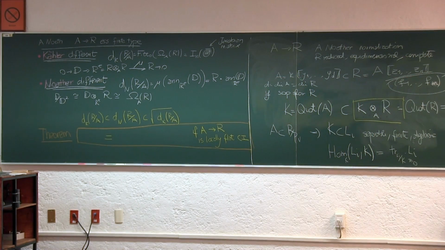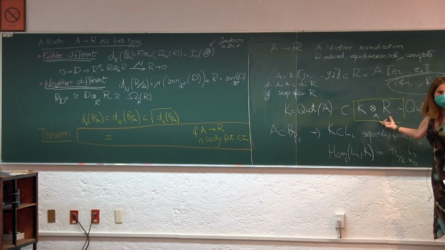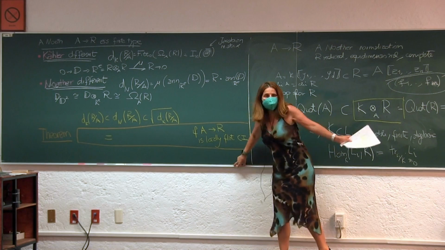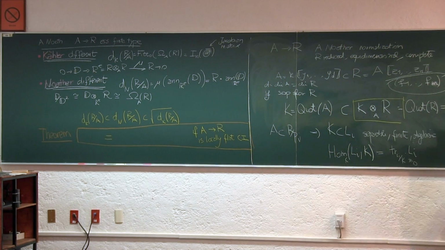Sorry, the K tensor A. So this equality, again, you're using the fact that the dimension of R is the dimension of A, and A is another normalization. Just play with it, but the notes explain it. Okay? I mean, this has dimension 0, but it's also reduced. So it's a product of fields, so it has to be necessarily that one. That's practically the idea.